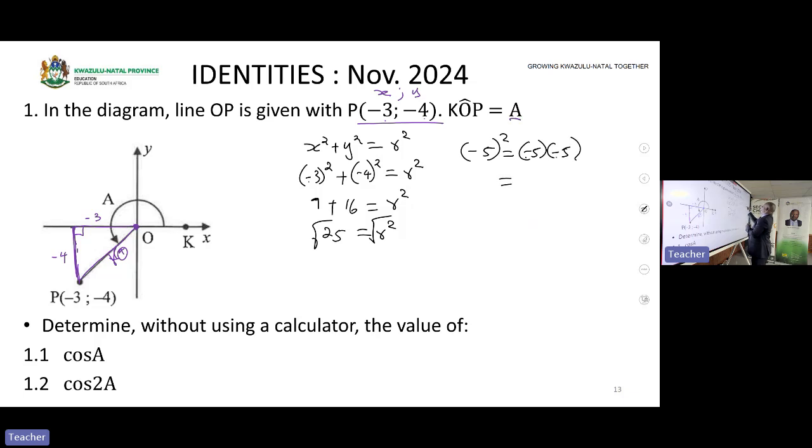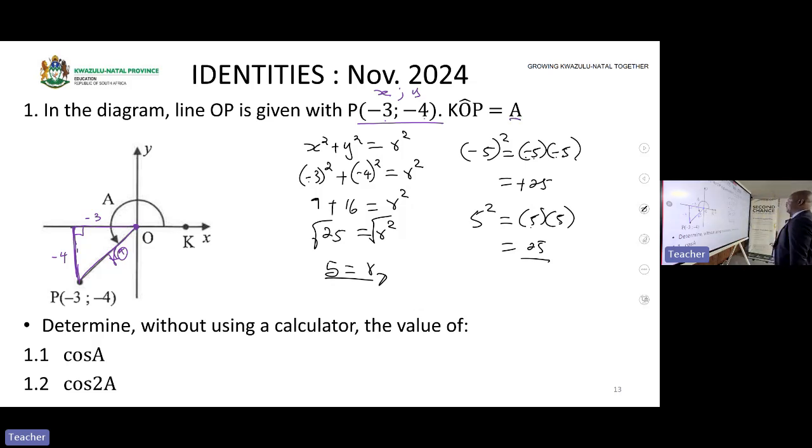So what is negative times negative? Positive. What is 5 times 5? 25, which is the same as 5 squared. But because we are dealing with a distance, it can't be negative. Therefore, we will only take +5 as our radius in this case. So our R is 5.